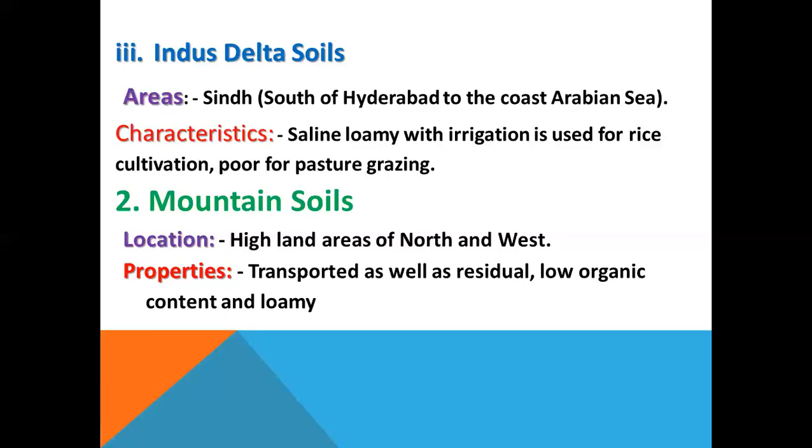Residual soils have developed due to more rain on the higher slopes and high organic matter of the forest. Under the arid and semi-arid condition, the soils are usually strong, calcareous, with low organic content.